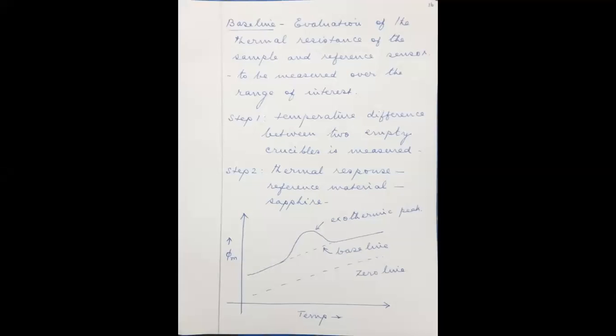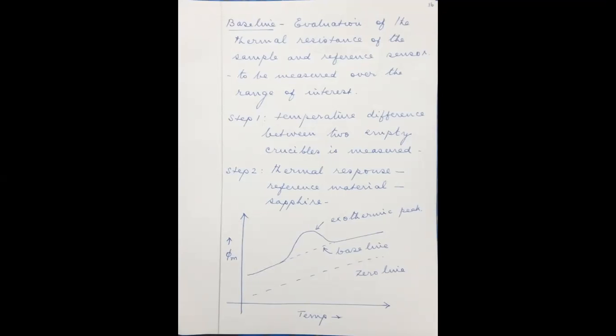Without keeping the reference or the sample, you are going to evaluate in the full range of temperature in which you are actually going to do the experiment with the sample. Suppose I am choosing a temperature range from 100 degree to 500 degree because I have already studied that the sample to be tested undergoes some change at around 300 to 400. So I am choosing a temperature range of 100 degree to 500 degree centigrade.